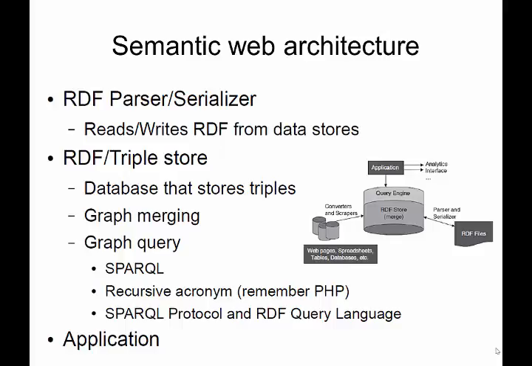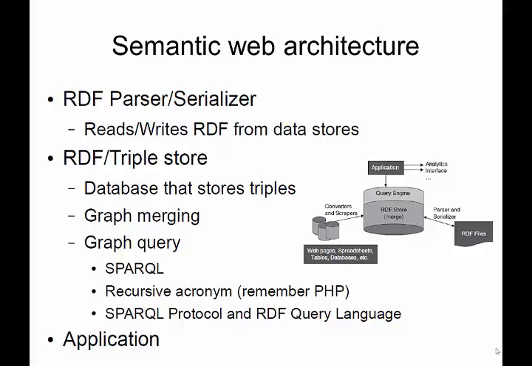There are also extensions, for example to Postgres, that allow you to store RDF in Postgres. So it may be a relational model in which you're storing this graph-based data, or it may be a dedicated triple store database. So we've got a database that does the storage.